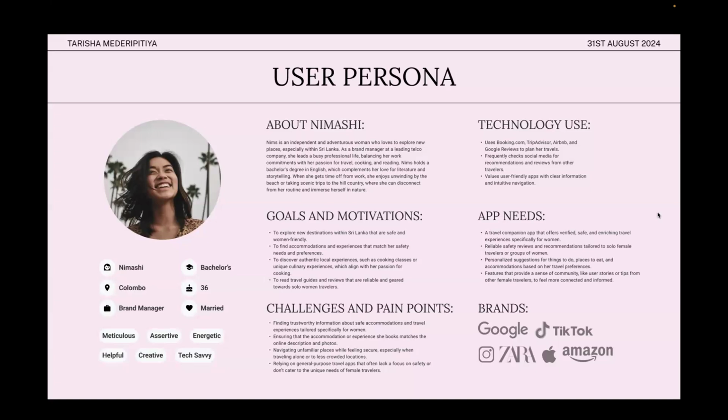Another is navigating unfamiliar places while feeling secure, especially when traveling alone or in less crowded locations. She also relies on general-purpose travel apps that often lack a focus on safety or don't cater to the unique needs of female travelers. So those were some of the challenges that this user comes across.